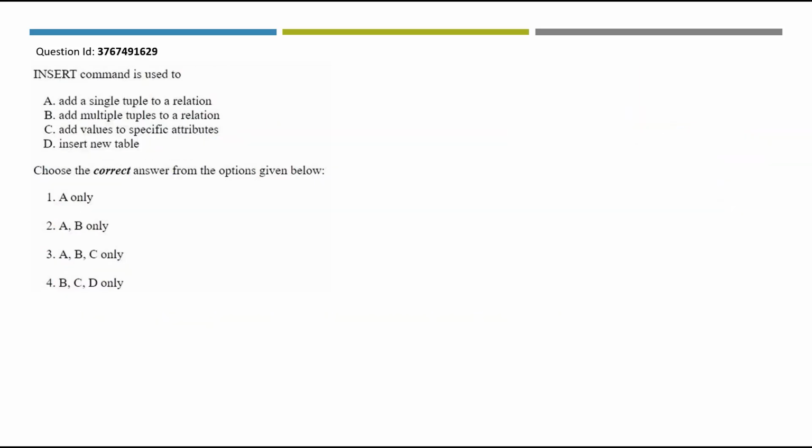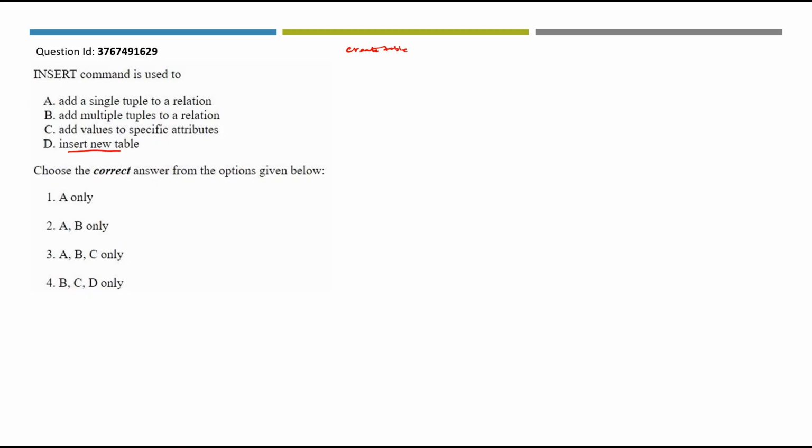Next question. Insert command is used to add a single tuple to a relation, add multiple tuples to a relation, add values to specific attributes, insert new table. In SQL, we have a command called create table. So we can always create a table. We can never insert any table.